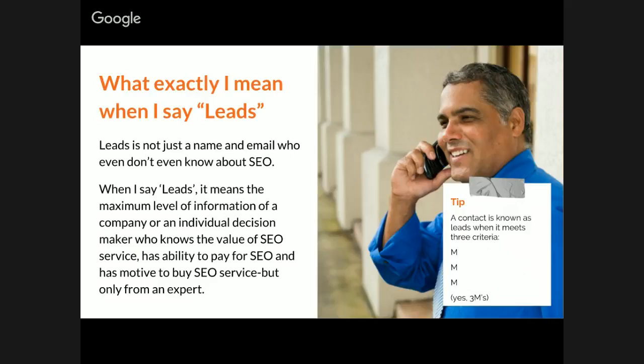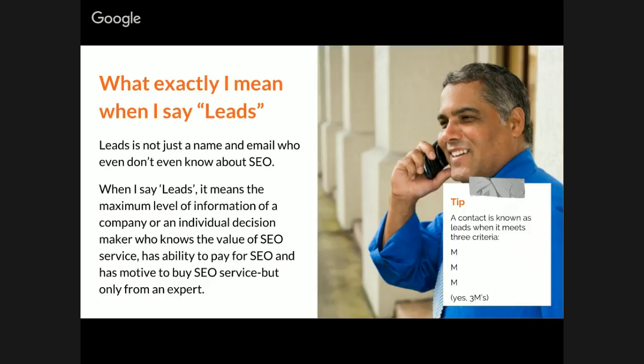So out of, suppose, a database of 100,000 people, if 99,000 people don't know anything about SEO, they have not heard the term SEO, these guys will be filtered out. You will be left with only a few people who know the term SEO at least.